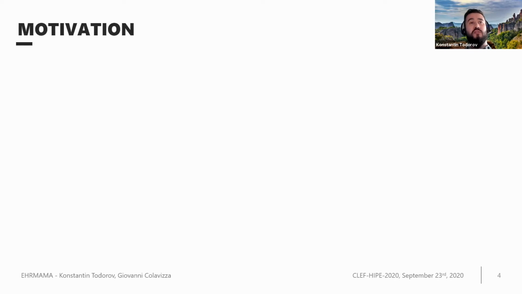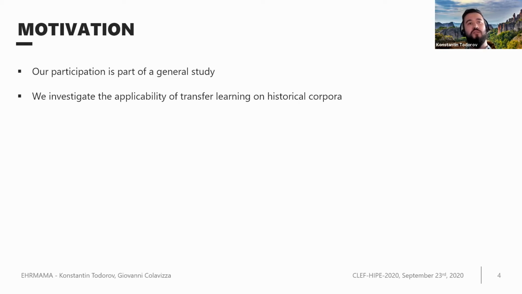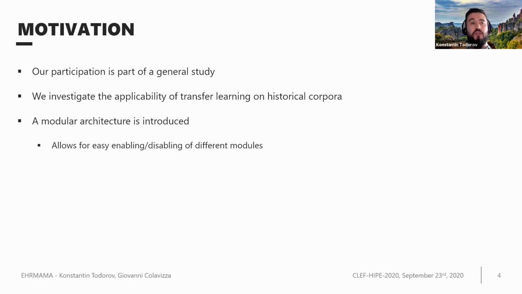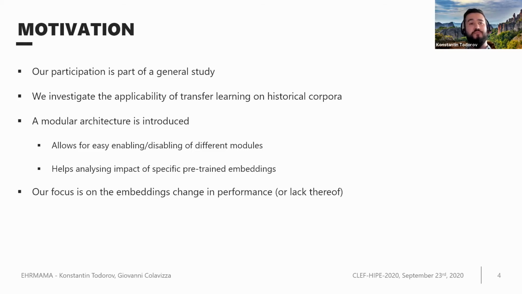Now, a little bit of the motivation behind our participation. This is actually a part of our general study, which is about investigating the applicability of transfer learning on historical corpora. During this study, we introduce a modular architecture, which allows us to easily enable and disable different modules, which therefore helps us analyze the impact of specific pre-trained embeddings.